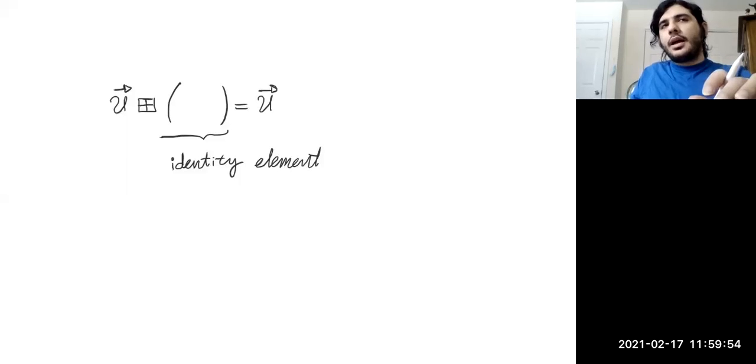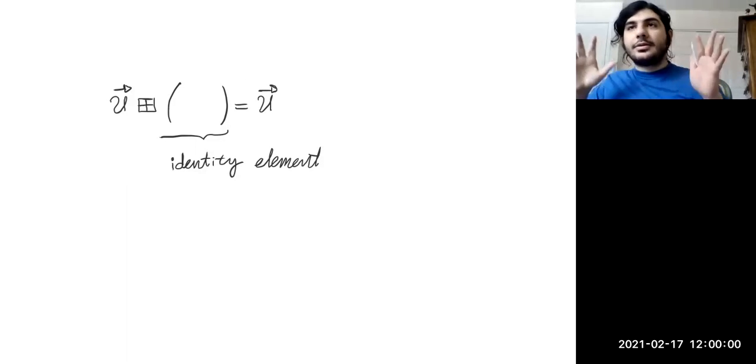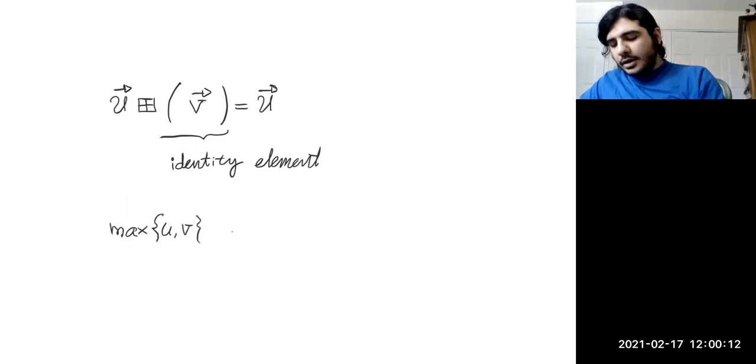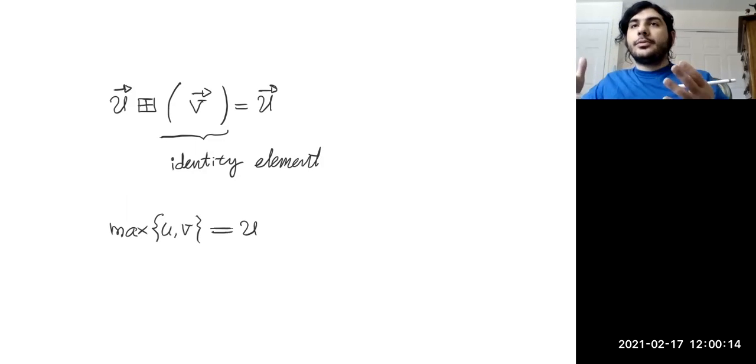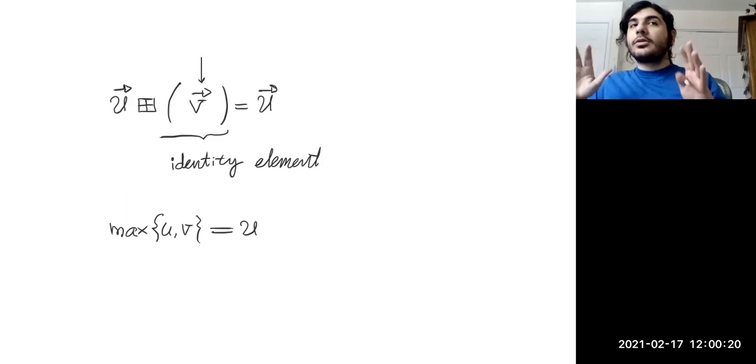So this is correct. For any number u, anything you think about, any other number you think about, you say v. u plus v would be max of u and v. And we want this to be equal to u for any u. Remember, this v should work for all different numbers like u.